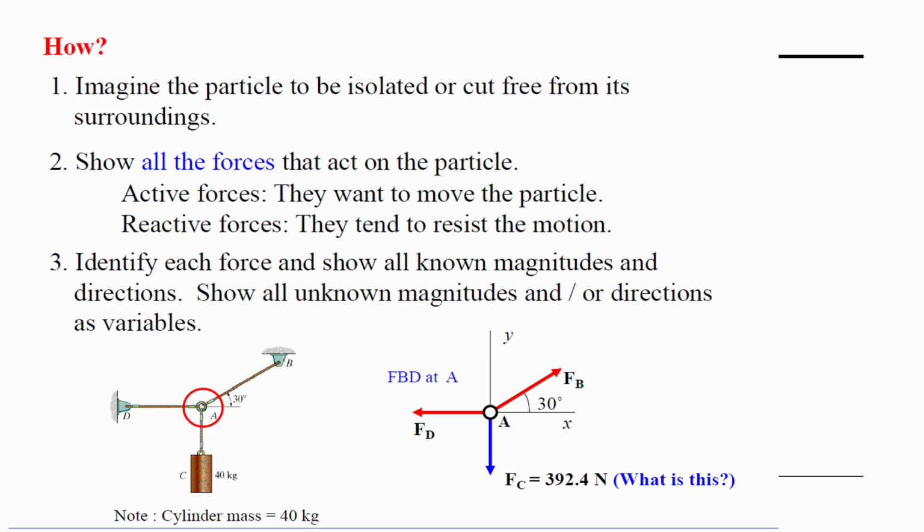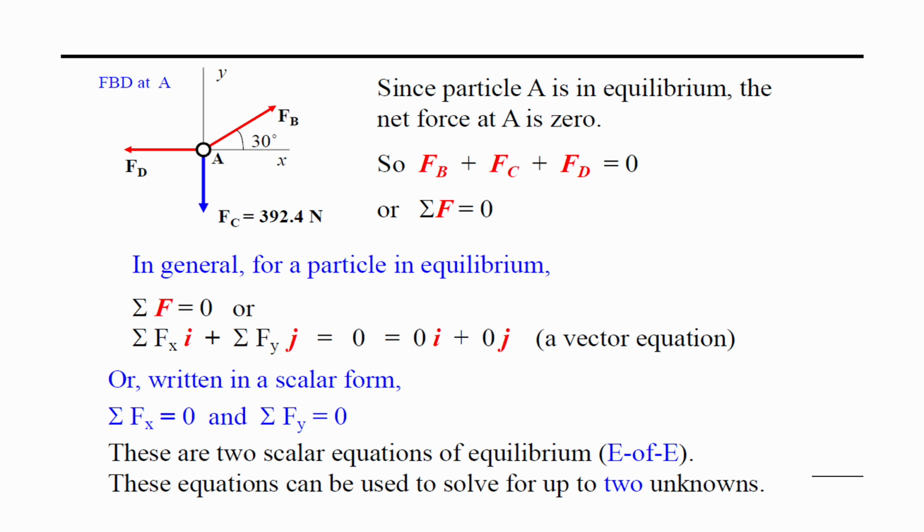Then, if we have a particle A, from A to B, we have some rope, and that will represent our force from A to B. In this case, it is notated as FB, and we have an angle of 30 degrees. And also from particle A to D, we will have a force in a rope again, and we will represent that as a force FD.